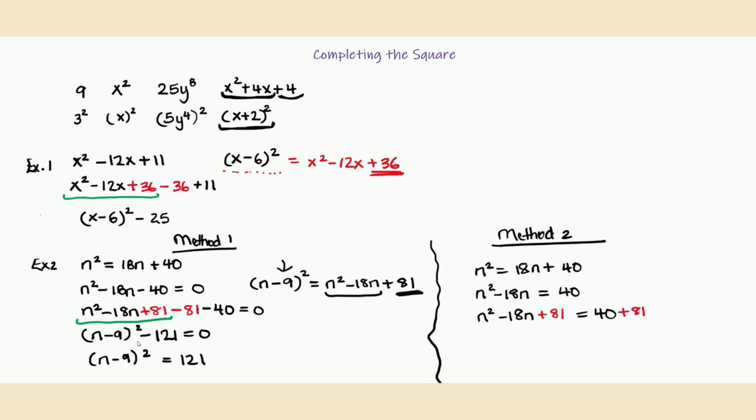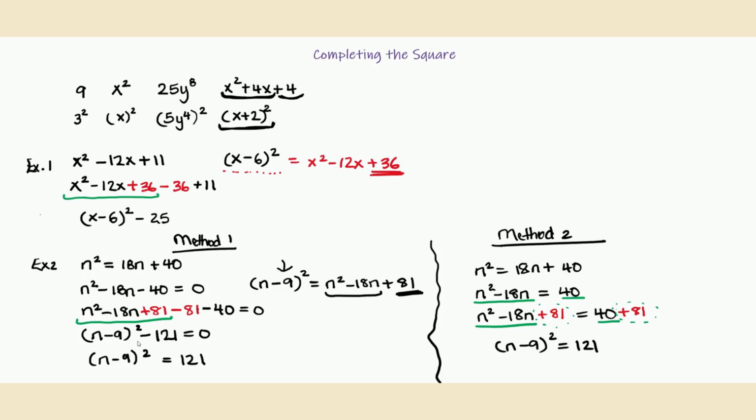So again, this expression is still n squared minus 18n, still equal to 40, but in this case we are adding in 81, and whatever we do on one side, we must do to the other side. And that's by the addition property of equality. Now this perfect square is n minus 9 all squared, as we established. And then 40 plus 81 is 121.